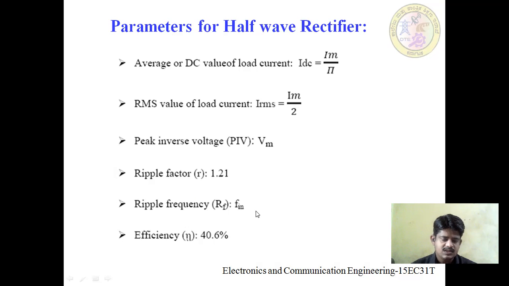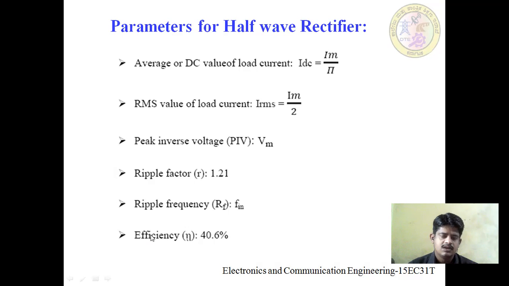Coming to efficiency, that is eta, the efficiency is 40.6%. Since it gives output only for half of the input signal, the efficiency is very low, less than 50%, at 40.6%. These are the parameters of the half wave rectifier.